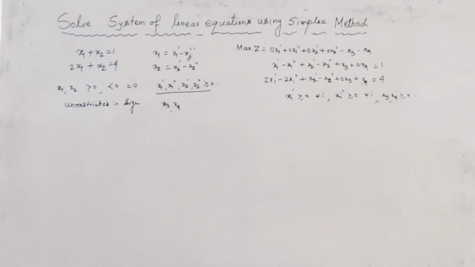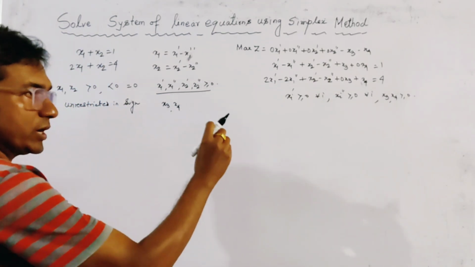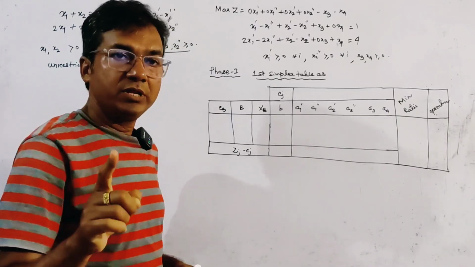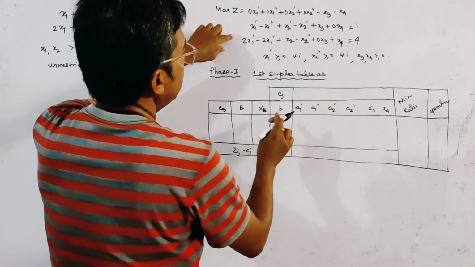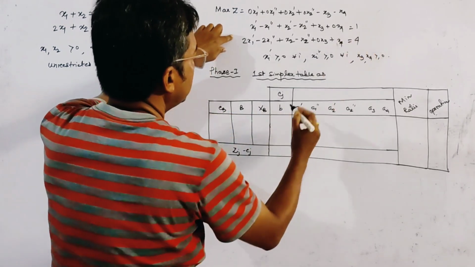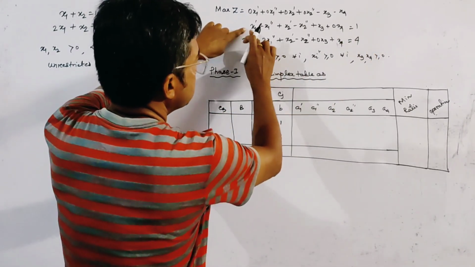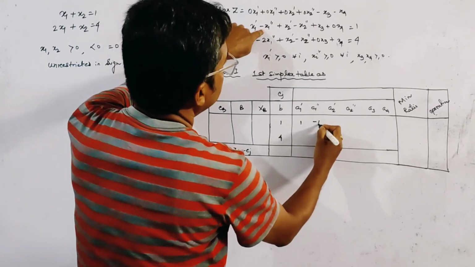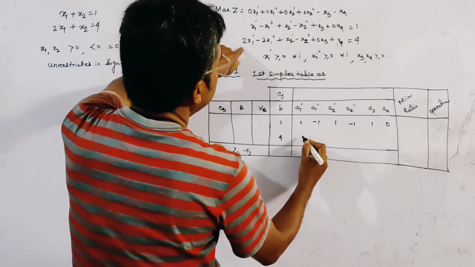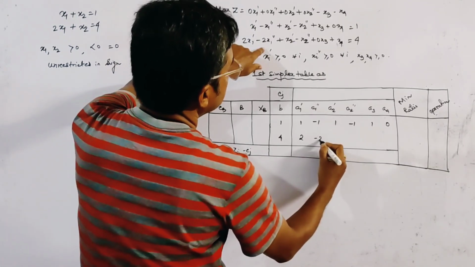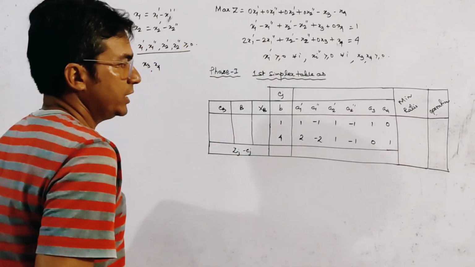Now we make the first simplex table of phase 1. We fill the table from the given problem. First we fill the column of b, which is 1, 4. In the first row we write 1, -1, 1, -1, 1, 0, and the second row is 2, -2, 1, -1, 0, 1.